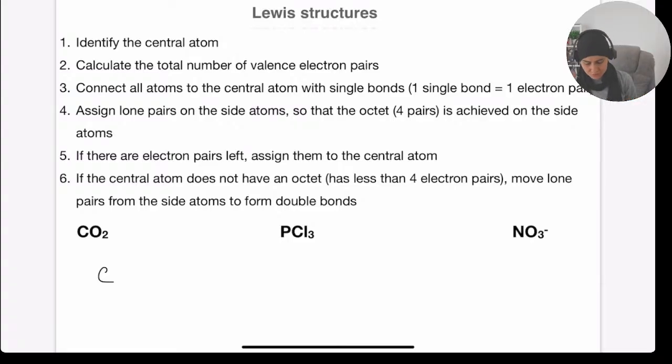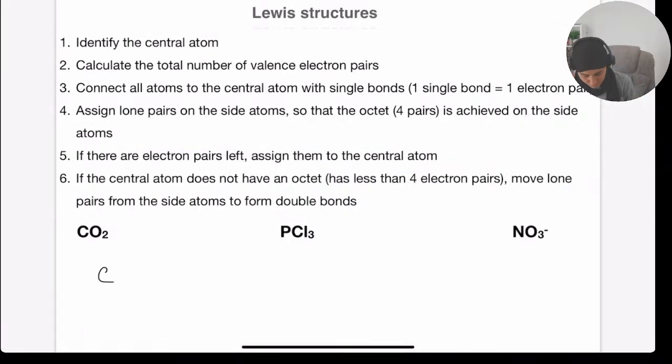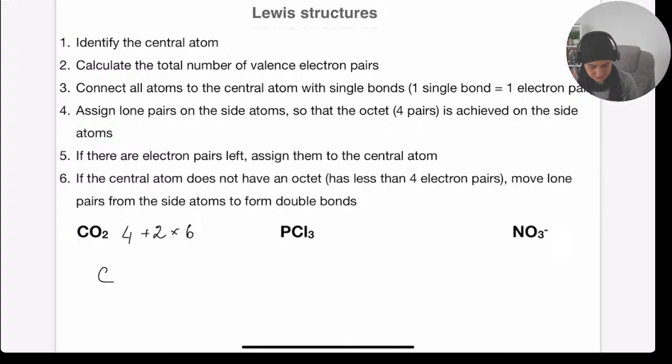For CO2, how many valence electrons does carbon have? It's in group 14, so 4 outer electrons for carbon. And then we have 2 oxygens, so 2 times 6, because oxygen is in group 16. In total, it's 4 plus 12, which is 16 electrons.